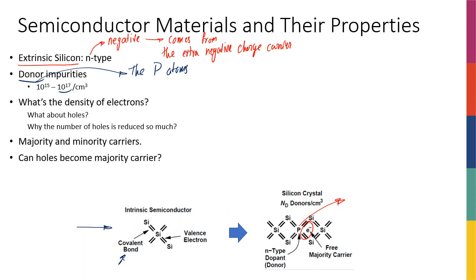So the next question is, what's the density of electrons? Now that I've added these phosphorus atoms, how many electrons do I have here?